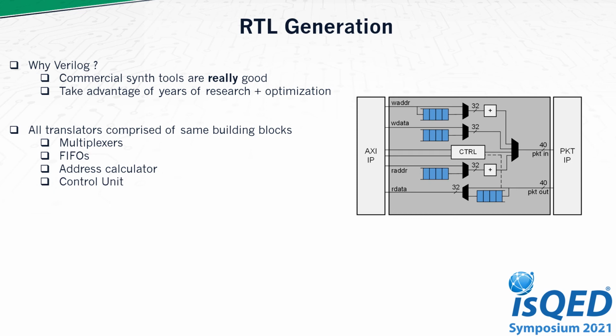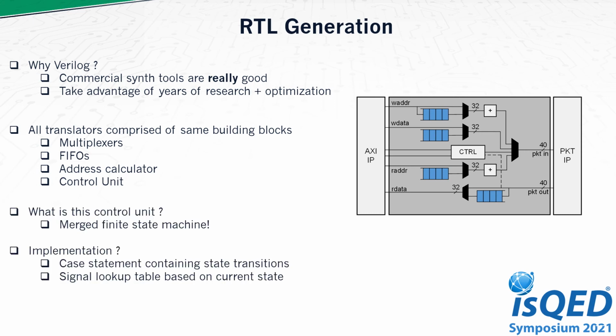The second scenario is for packet-based protocols, where data could come from a different section of the physical wires. The third building block is an address calculator to handle address offset between protocols. So if one protocol sends one address for 16 transactions, but the receiving protocol requires an address for each individual data transaction sent. And lastly, we need a control unit.